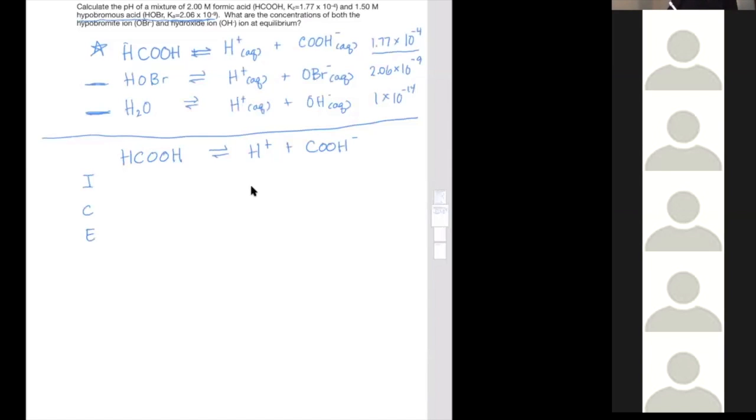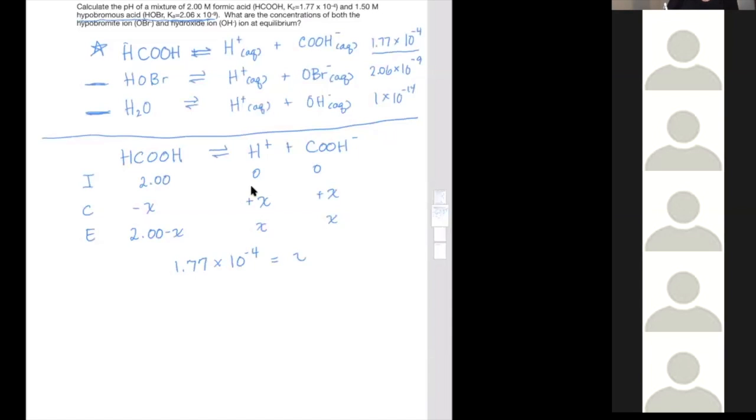Initially we have 2 molar formic acid. We have none of these. It's going to be minus X, plus X, plus X. It's going to be 2 minus X, X and X. And then we plug that into our equation. The Ka value given for this is 1.77 times 10 to the negative fourth.